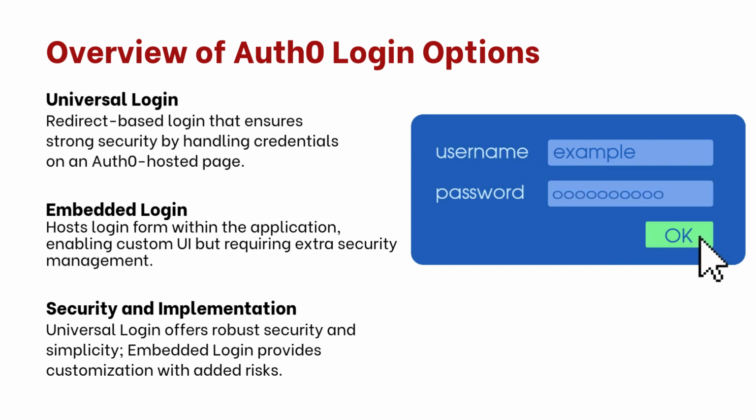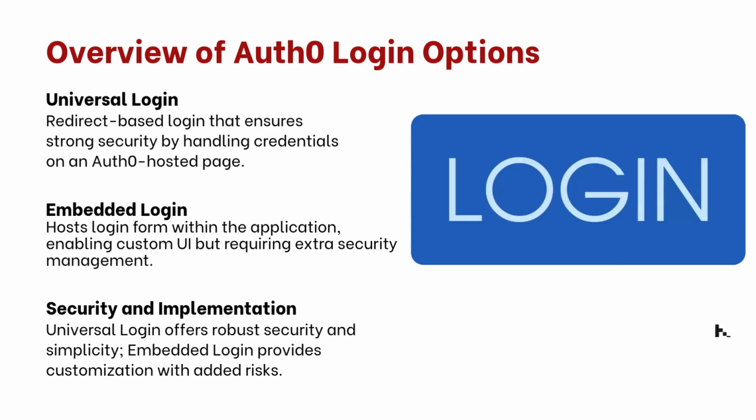Universal login redirects users to an Auth0 hosted page for authentication, ensuring that sensitive credentials are never handled directly by the application. This approach leverages industry-standard protocols like OAuth 2.0 and OpenID Connect, providing strong security guarantees and centralized session management.